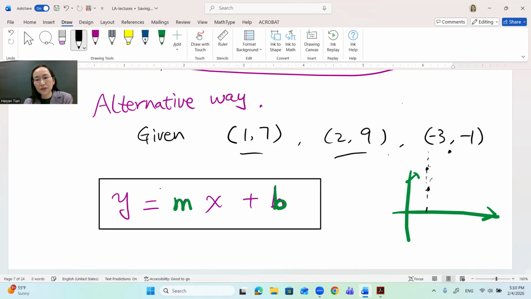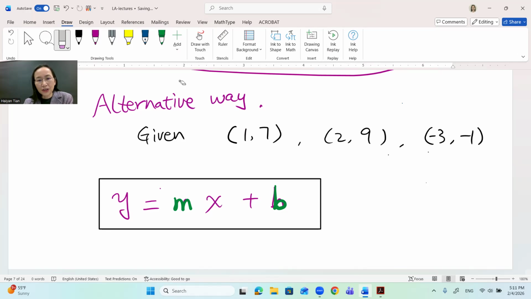So we should not be concerned if we use the slope y-intercept form for the given points. The given points cannot possibly stay on a vertical line because their x coordinates are different.